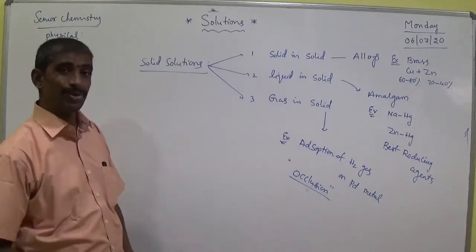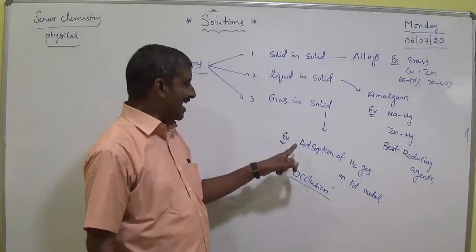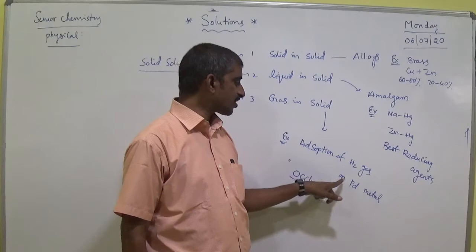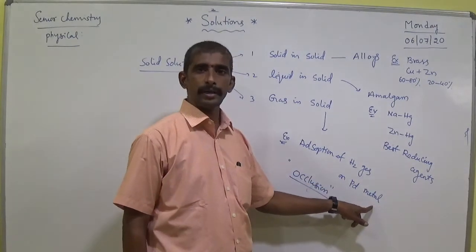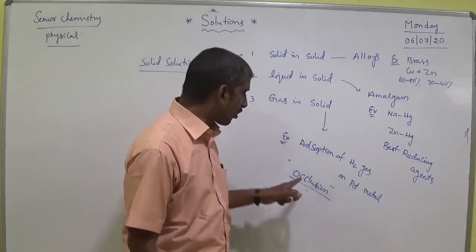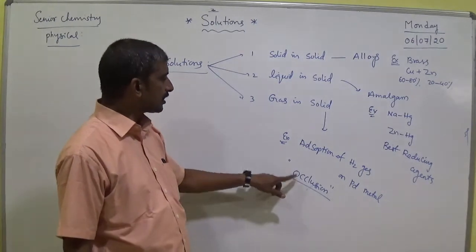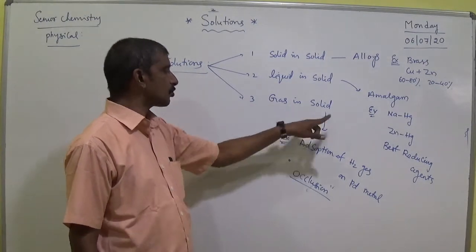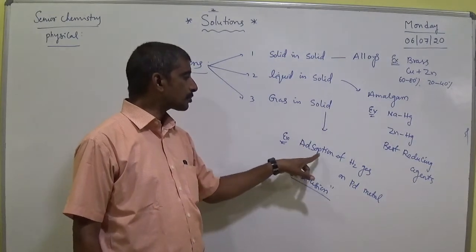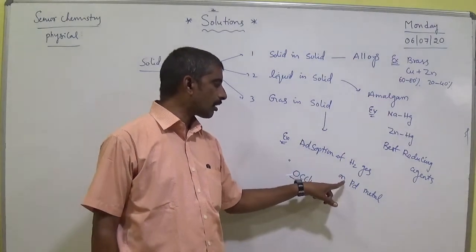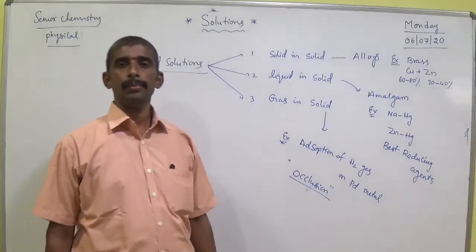What do you mean by occlusion? Occlusion means adsorption of hydrogen gas on palladium metal. Occlusion is which type? Gas in solid.